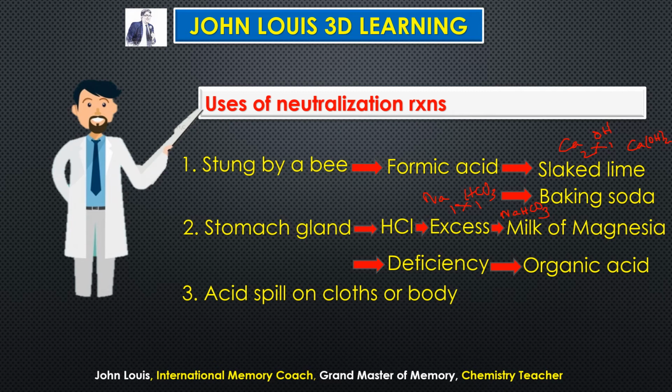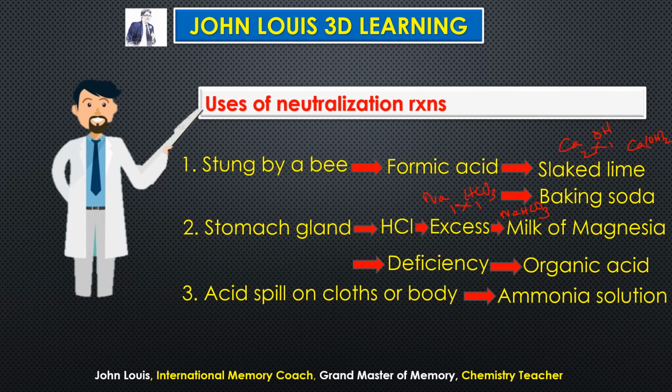Acid spill on clothes or body. Suppose hydrochloric acid or sulfuric acid spills on our skin, what will happen? That will burn our skin. Absolutely. So what is the antidote for that? We have to neutralize that acid, no? Therefore we need to add some base there. So ammonia solution can be added.